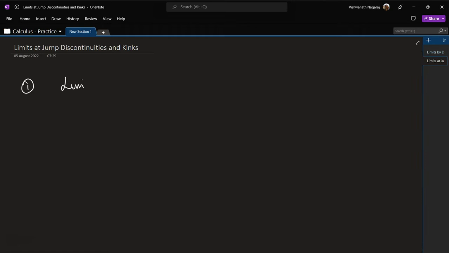Limit as x approaches minus 3 from the positive side, from the right hand side, of the function floor of minus x minus 1. Since we are coming from the right hand side, we need to go a little bit higher than minus 3. So let's take x as minus 2.99.